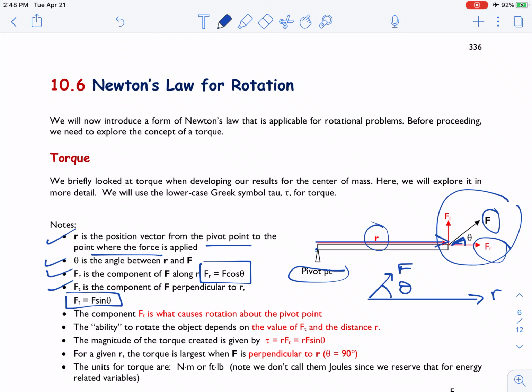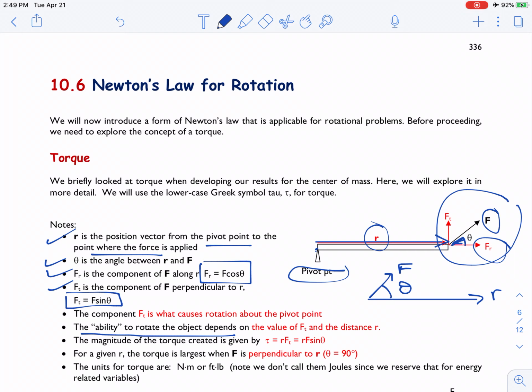So that force has no ability to rotate the door, but the tangential one has the ability to rotate the object or the door. So the tangential one is the one that has torque, because torque is the ability to rotate the object by a force. And only the tangential force has that.